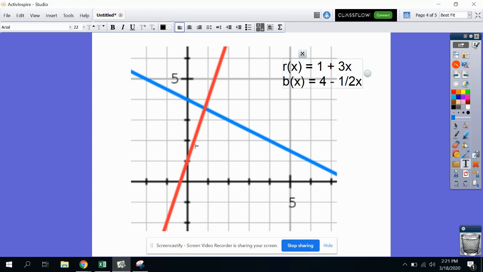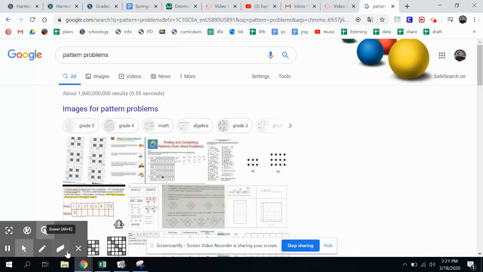Now, if we wanted to find the solution, you could use a variety of methods, which we covered yesterday: elimination, substitution, or graphing. I'm just going to graph them real quick. So I'm going to go to my favorite graphing software, Desmos.com.